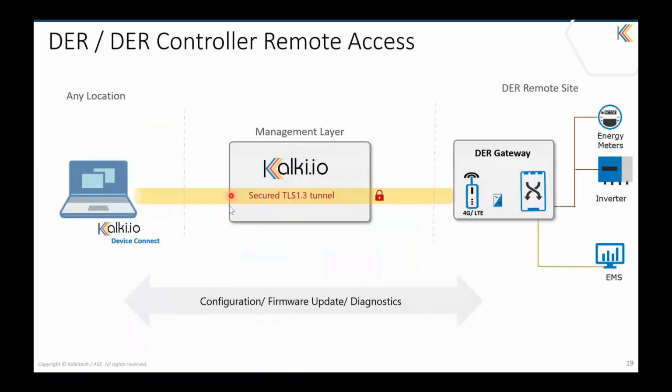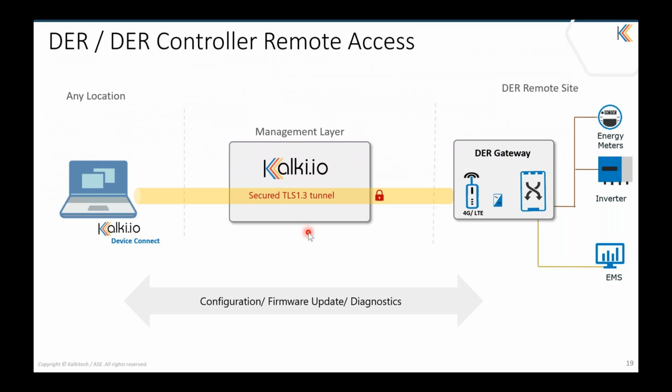This is the remote access feature. You can see that there are gateways, which have a gateway controller, modem, and downstream behind the gateway there are inverters or meters or EMS systems, multiple types of devices or aggregators behind the gateway. If you need to access or do some configuration change or firmware update of these devices without going to site, this entire ecosystem allows users to do that in a secure way.